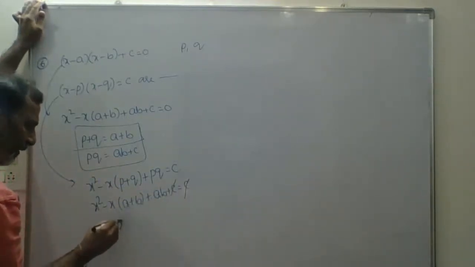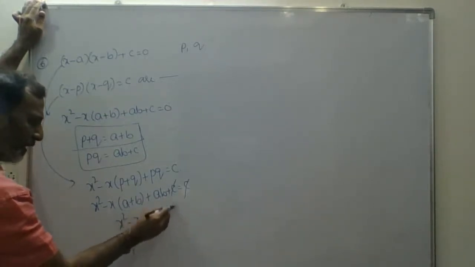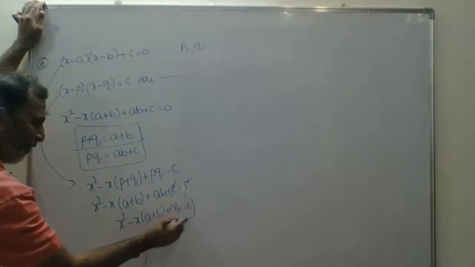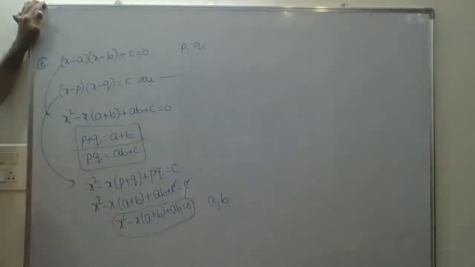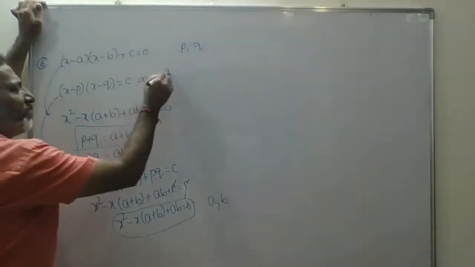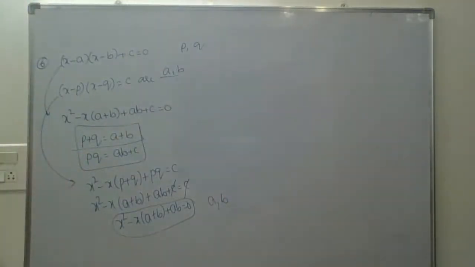C cancel. X square minus x into a plus b plus ab is equal to 0. What are the roots of this equation? A comma b. Therefore the roots of this equation are a comma b.